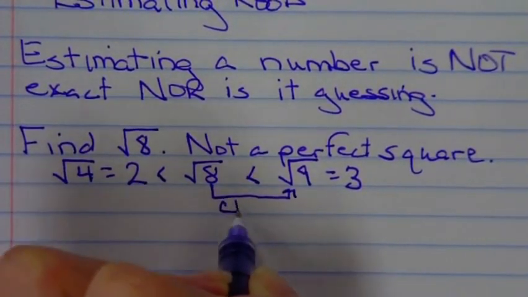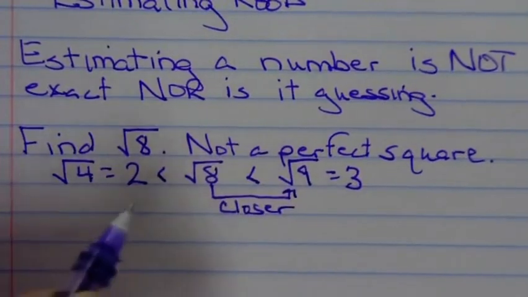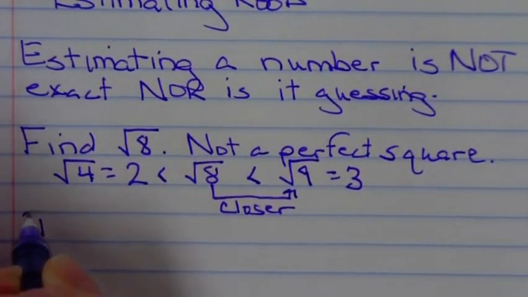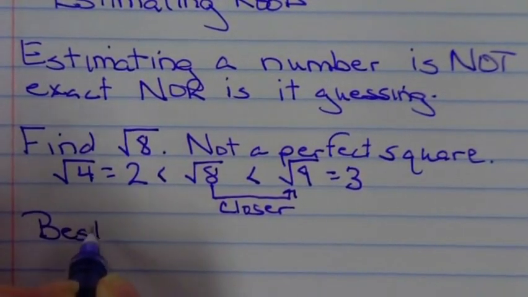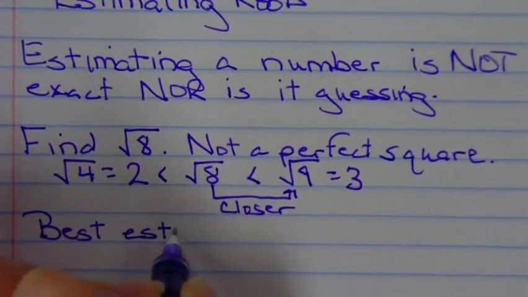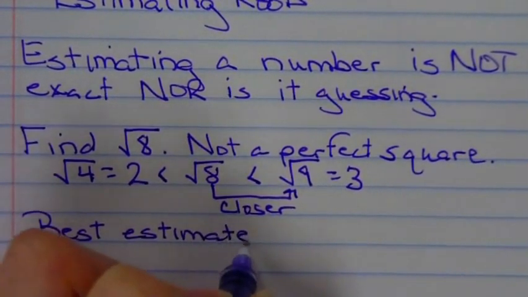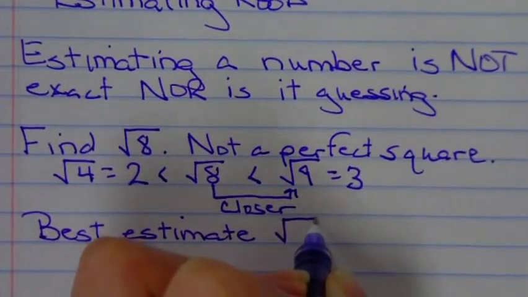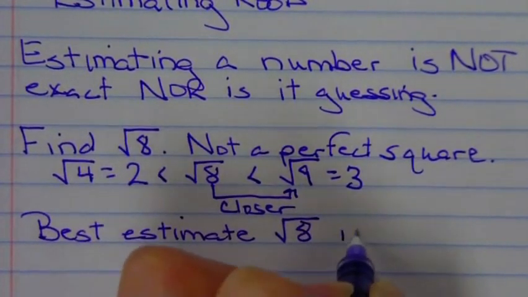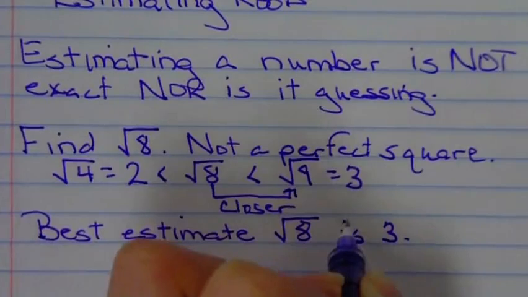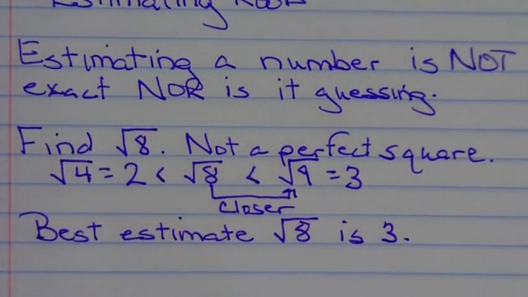So the best estimate for square root of 8 is 3.